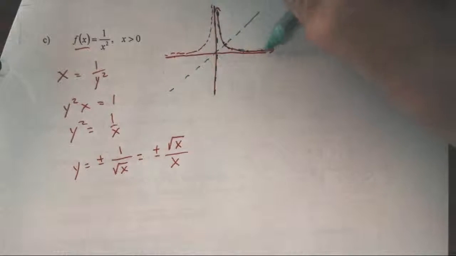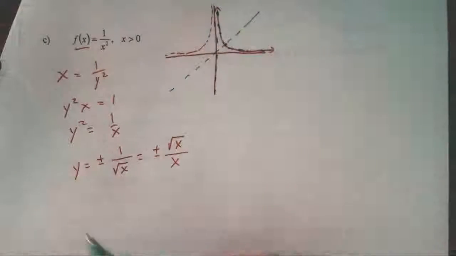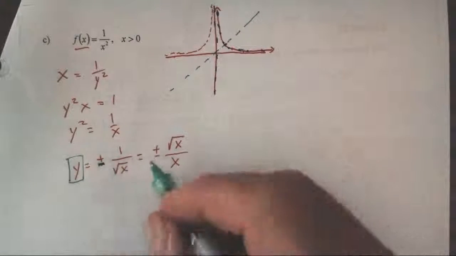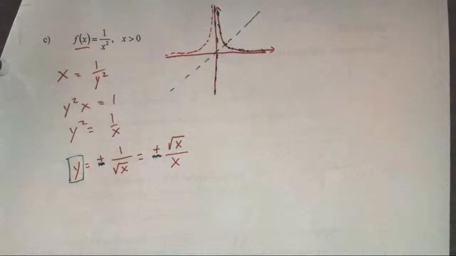My symmetry would stay virtually, maybe exactly the same curve. We could study that, but it would definitely stay in the first quadrant where our y values are positive. So I'm going to reject the negative option here and just use 1 on the square root of x.